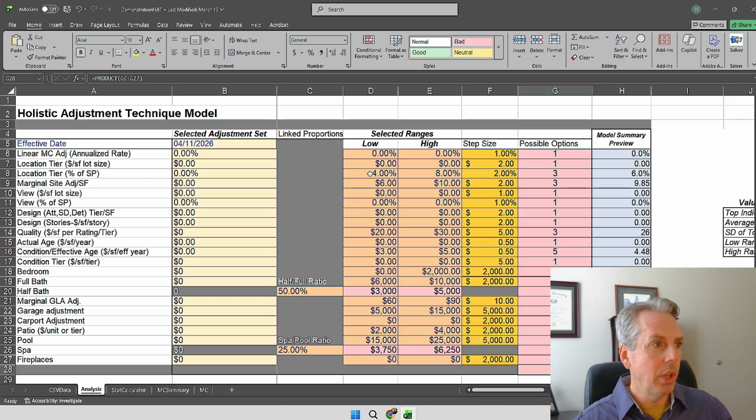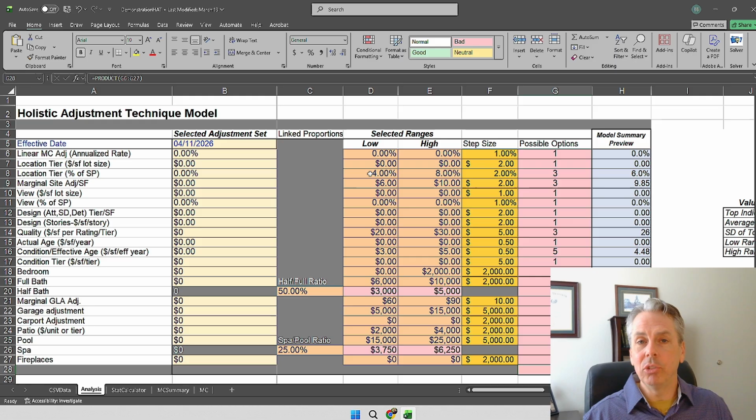And so if I were to instead just take each one individually, so if I were to say, okay, I'm going to start at the top, I'm going to work at location. Okay, let me see between 4 and 8%, which seems to work the best. Well, what I'm doing is, by definition, I'm modeling for every other adjustment below location. And as I move down, I'm modeling for every other adjustment above location.